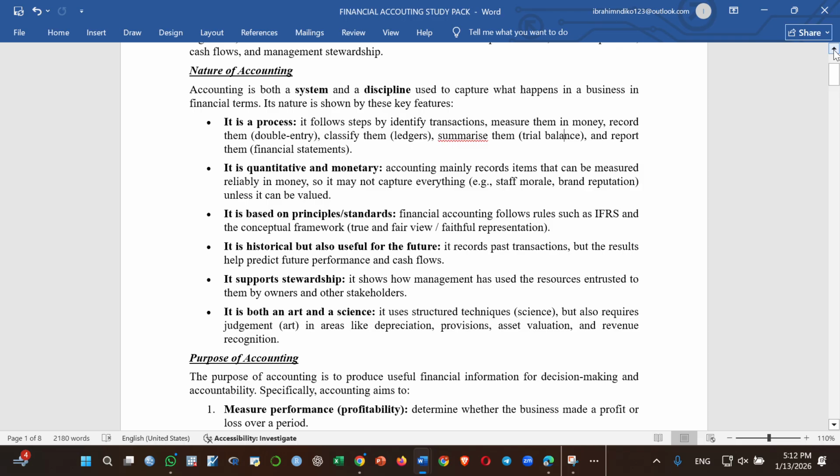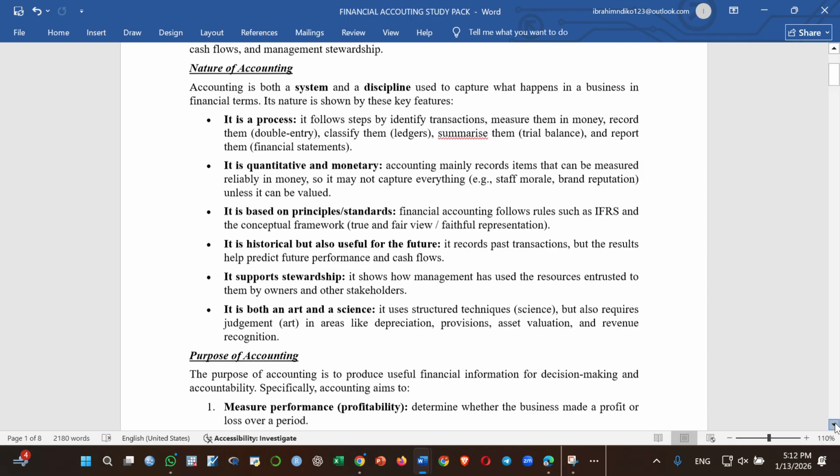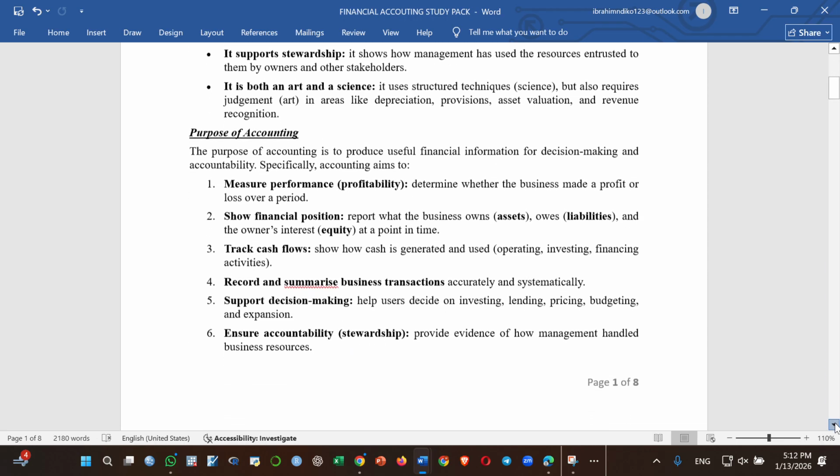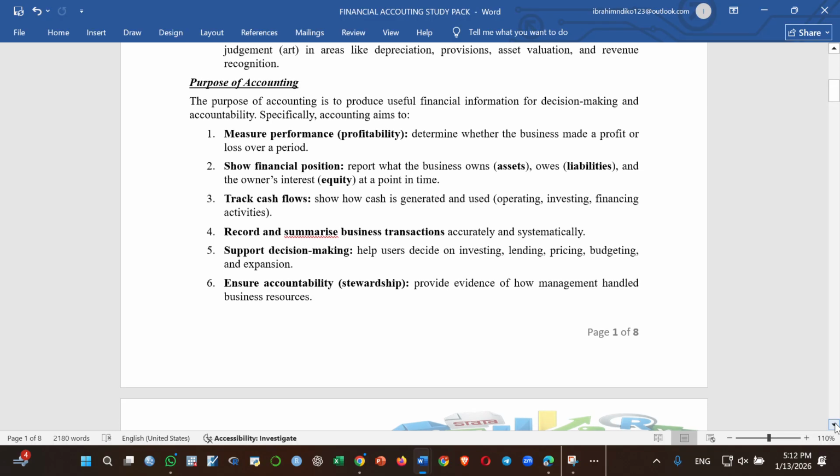So we said that under accounting, we shall look at two things: the nature and the purpose. Now, for purpose, we have various purposes, but there are 3 important purposes that you need to know, the first 3 that you can see there. So, purpose of accounting.